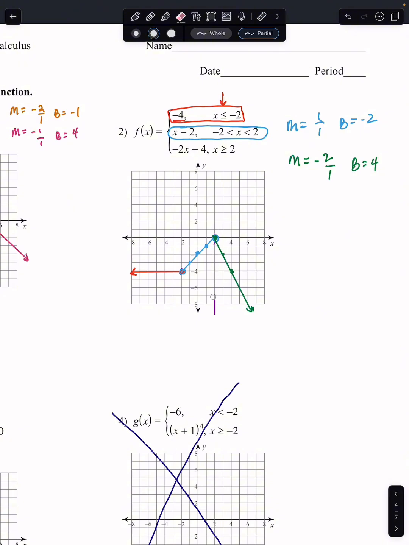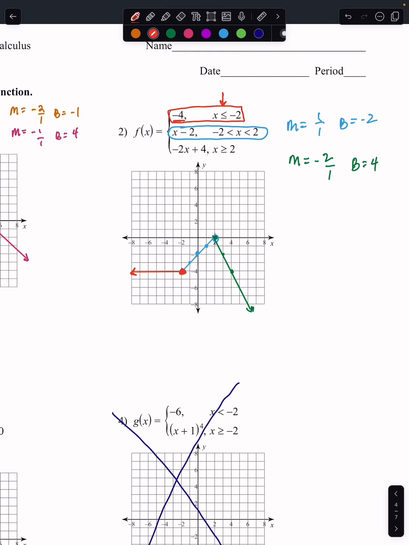So red is like, nope, this -2 belongs to me. Light blue, you're just visiting. And then green is like, well, that -2 belongs to me because I have the equal to sign. So light blue, you're just visiting. Okay?